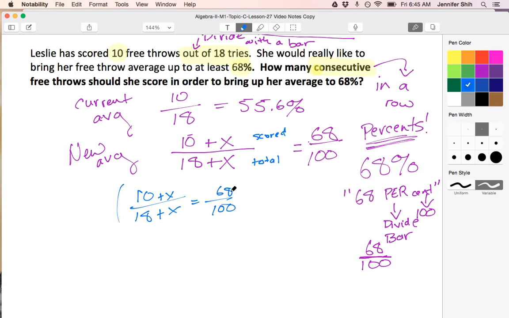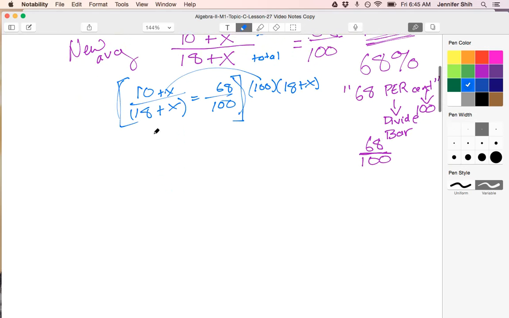And what I'm going to do is multiply the whole thing by a common denominator. I'm just going to multiply the denominators because that's the easiest way for me to find a common denominator. Okay, this whole thing is going to get multiplied. So I'm going to multiply this and get 100 times 10 plus x is equal to 68 times 18 plus x.